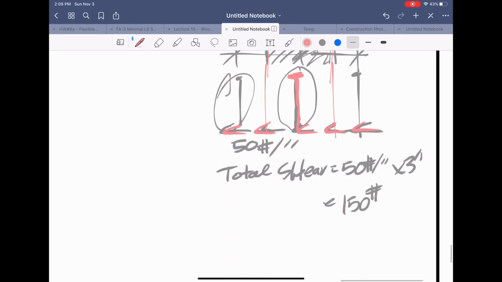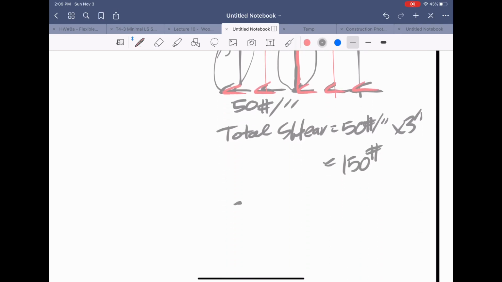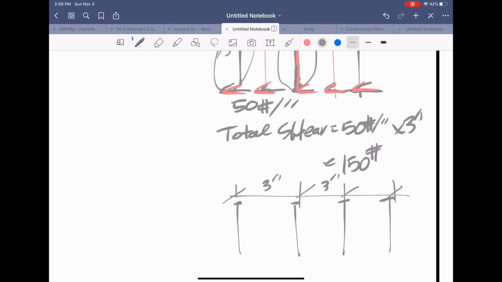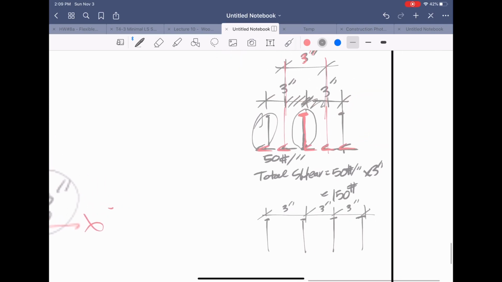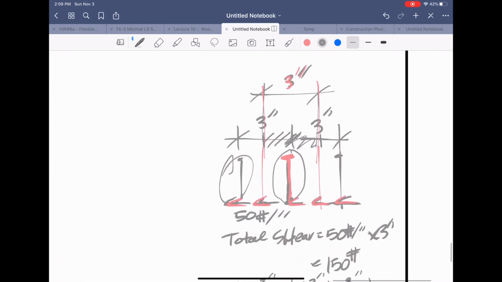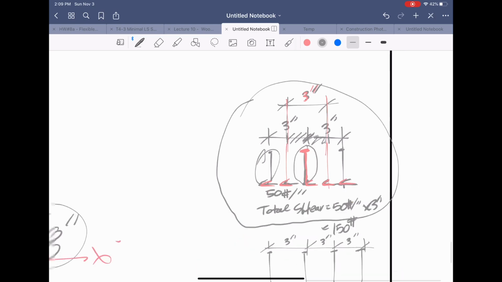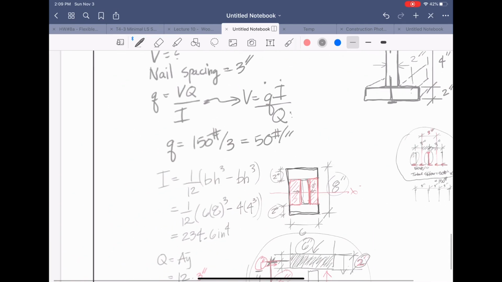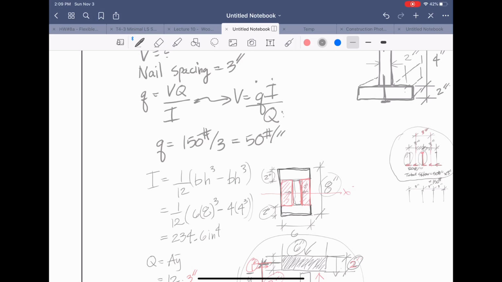Maybe this was confusing, but it does not matter if you say here's my nail, here's my nail, here's my nail, and they're all at 3 inches on center. Therefore, we take 50 pounds per inch of shear, multiplied by 3 is 150 pounds. The concept is the same because you have the same spacing. But this is the more correct way of looking at it. Either way is correct, right? We're just trying to solve a problem here. I'm not trying to teach the next course.